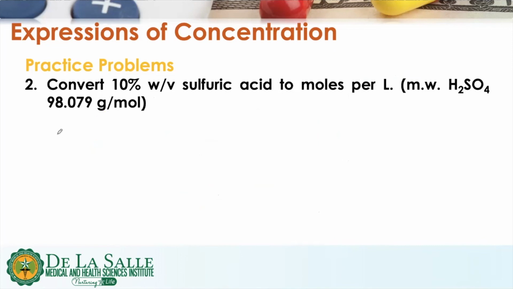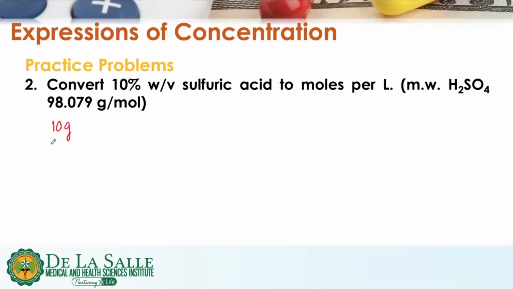Now, we are asked to convert 10% weight in volume sulfuric acid to moles per liter, given that the molecular weight is 98.079 gram per mole. Now, let's try to use dimensional analysis in calculating or in converting 10% weight in volume to molarity or moles per liter.